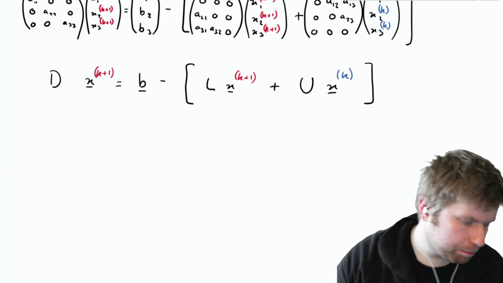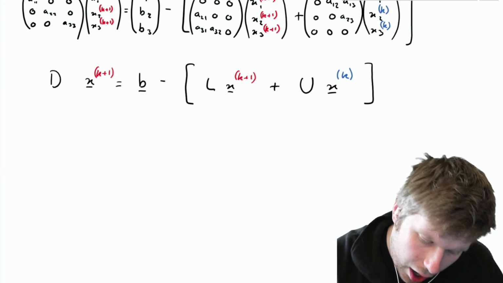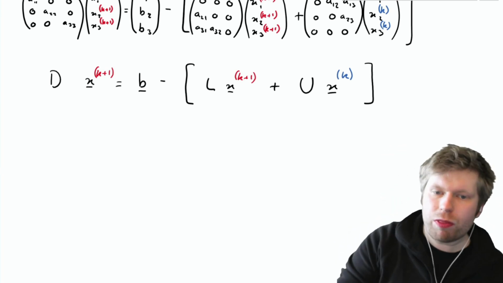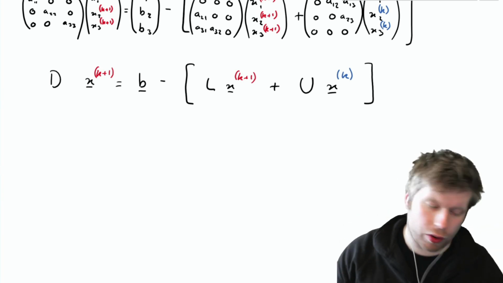Now again, I want to get all of my x values at the k+1th step on the same side, because that's what I'm trying to find.